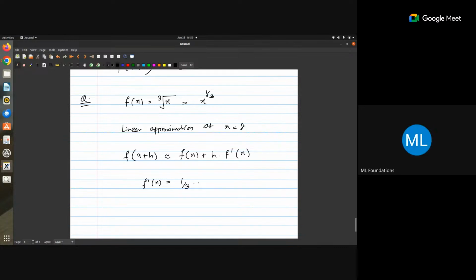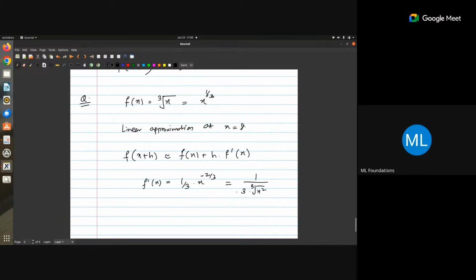It is 1 by 3 x to the power minus 2 by 3, right? Or in other words, I can just write it like this: 1 upon 3 cube root of x square.